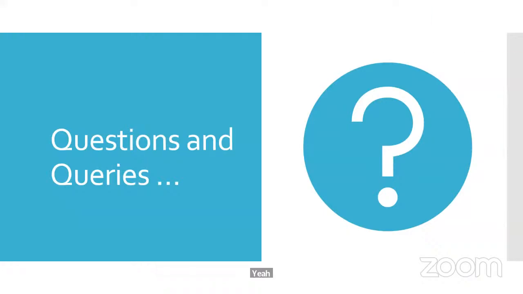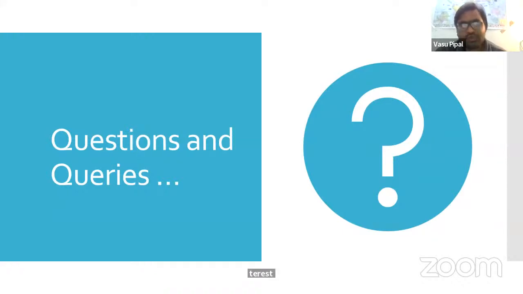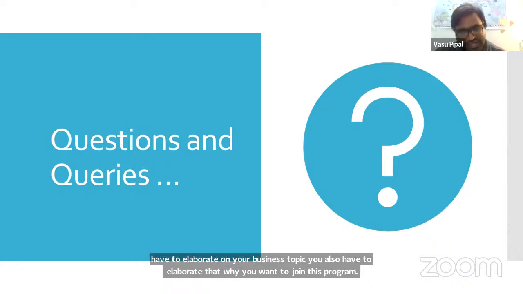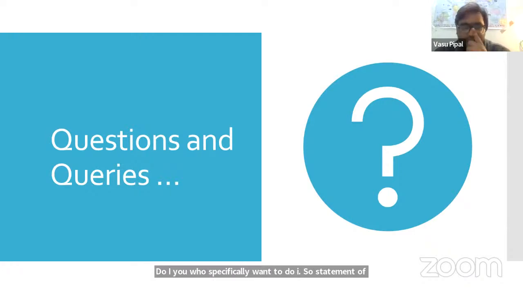Then in your statement of purpose, you don't just have to elaborate on your research topic. You also have to elaborate why you want to join this program, why you specifically want to join IIT Gandhinagar. So the statement of purpose will involve all these things, like why you have interest in humanities and social science, why you want to join IIT Gandhinagar, specifically this program, and a bit of elaboration on your research topic.